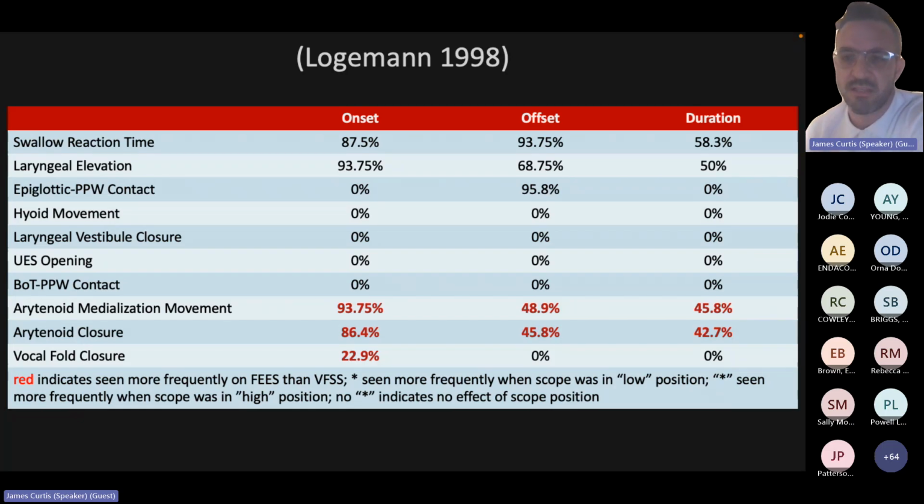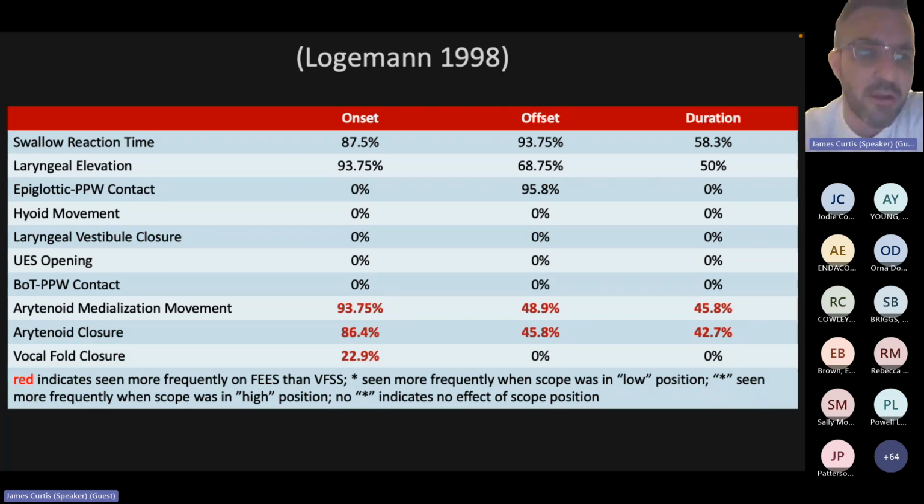In this study, she and her colleagues examined the frequency with which various clinicians and researchers could identify 10 different swallowing kinematic events seen during a simultaneous FEES and fluoro. So the fluoro was on, and at the same time, a scope was in someone's nose looking at something. And then the raters looked at these kinematic events separately between both FEES and fluoro.